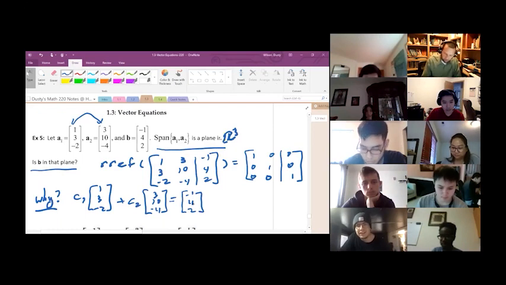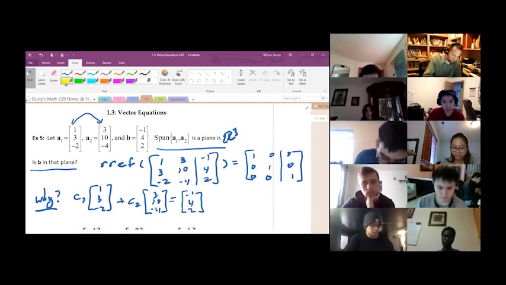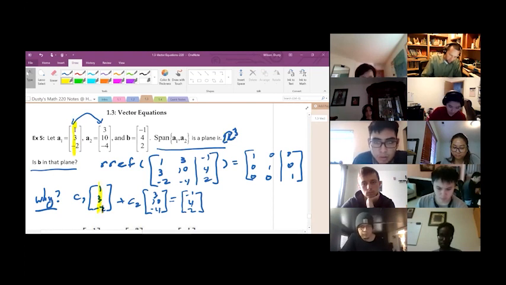So we can solve this system with the row reduction, where notice A1 becomes your first column, A2 is here, and then B.